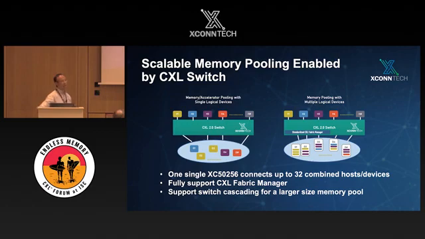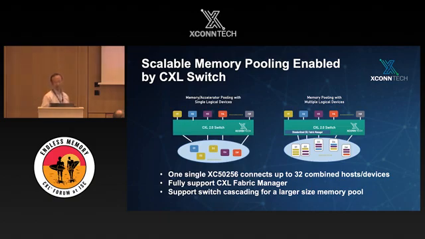In this case, we can cascade a number of switches to form a very big memory pool. And of course, in the next generation, 3.0, we are going to support a fabric network, which enables an even larger memory pool. All right, so those are the applications.